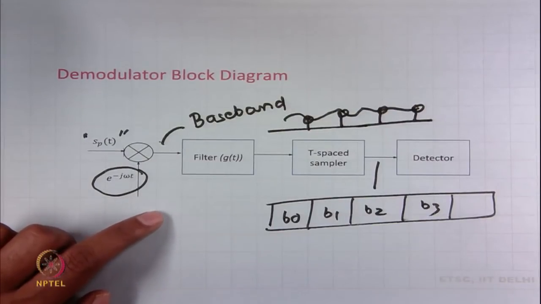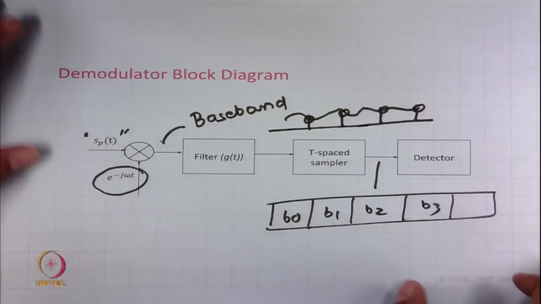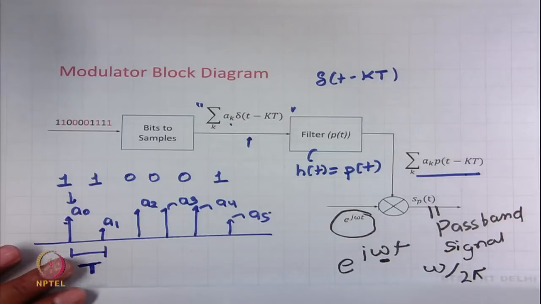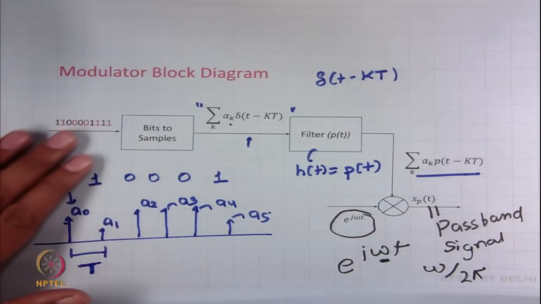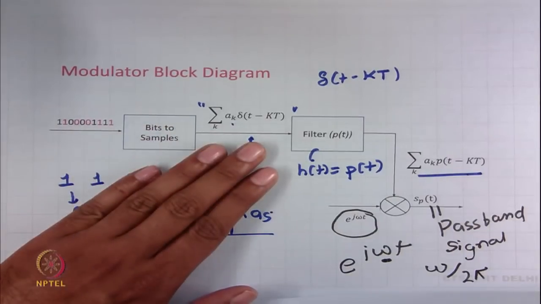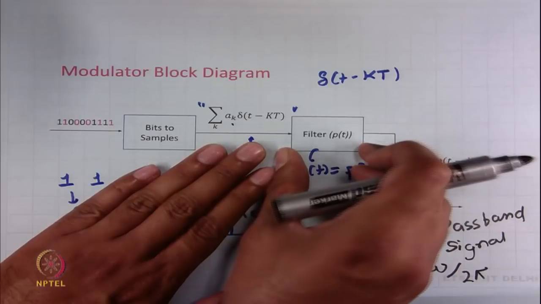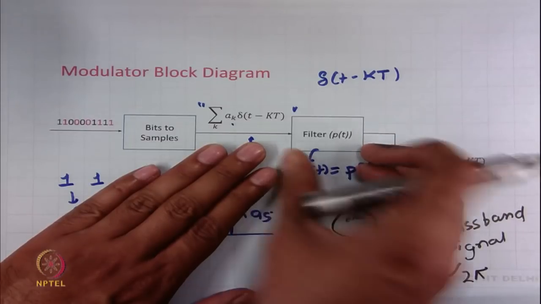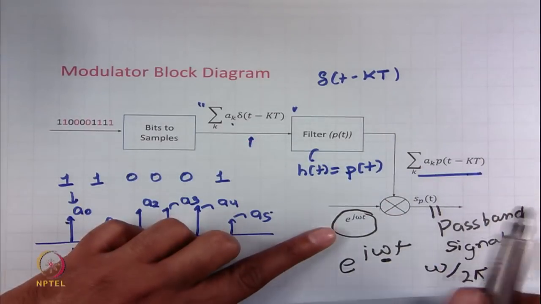At this point what we are interested in is just focusing our attention on this modulator. Trying to understand how we should map a binary sequence to a weighted impulse train, how we should decide the impulse response of this filter, how we should understand this operation.